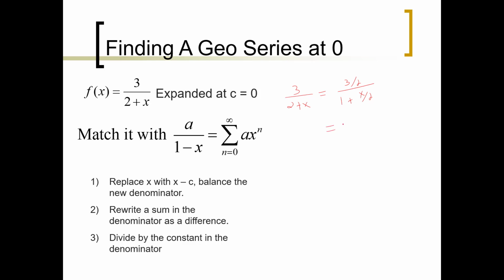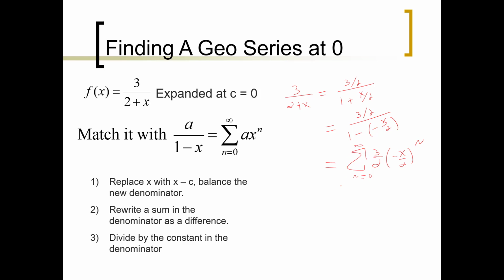And you can write that as 3 halves divided by 1 minus negative x over 2. Well, that means I have written this so that a is 3 halves and r is negative x over 2. So this has a power series expansion, and it is the sum of 3 halves times negative x over 2 to the nth power, as n goes from 0 to infinity.